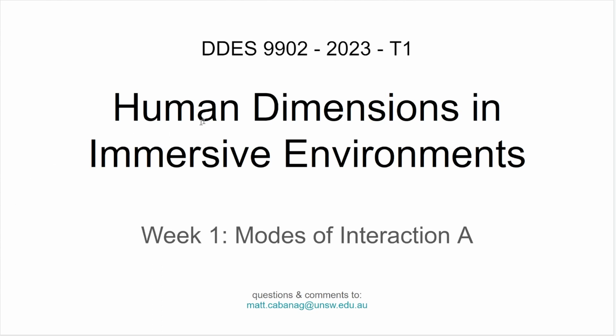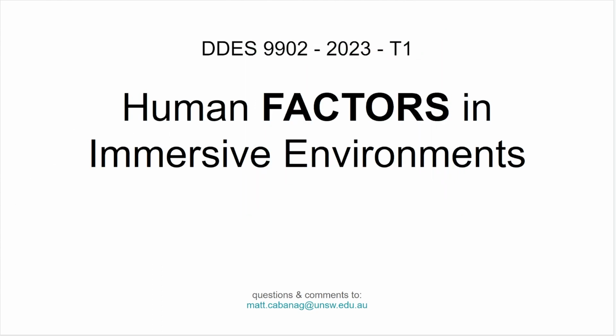So, human dimensions? Well, we're actually interested in human factors. So if we just take one syllable out, human factors. So what are human factors? Well, it's things to do with people. So when we talk about immersive environments, we might end up talking a lot about technology or design, but all of that eventually needs to interface with people. So that's when we have human factors.